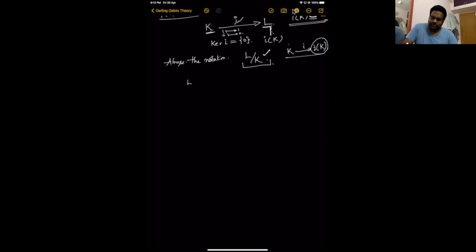So for example, when you say C over R is a field extension, what you really mean is R is sitting inside C, where a real number is sent to r plus i times 0.